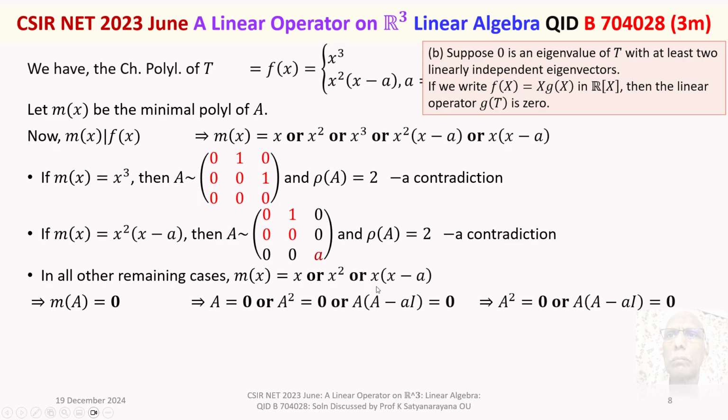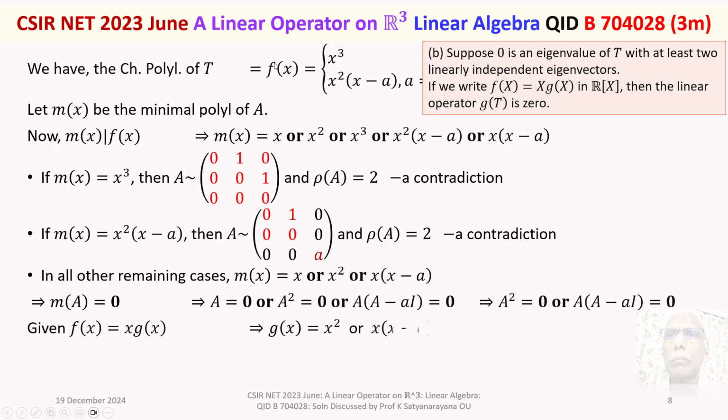In the remaining case, A into A minus a I is equal to 0. A equal to 0 will imply A square is equal to 0. So we write down only two conditions: A square is equal to 0 or A into A minus a I is 0.